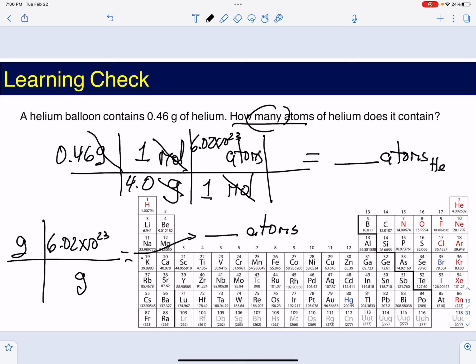So instead of saying, for example, silver is 107.87 grams for every 1 mole, you can say it's 107.87 grams for every 6.02 times 10 to the 23rd atoms. So you can do it in one step if you like to, but do not complicate your life unless you feel really comfortable with that shortcut.